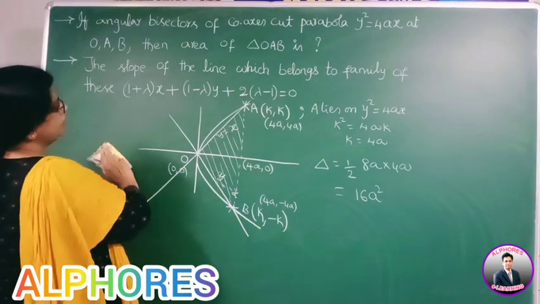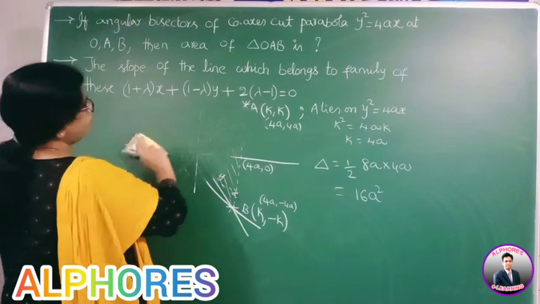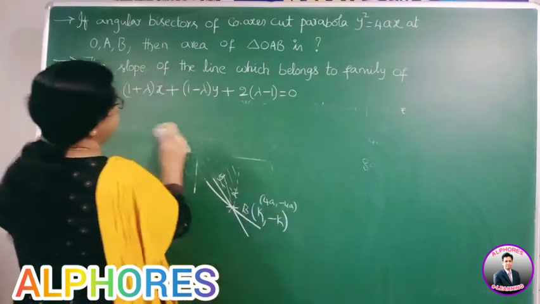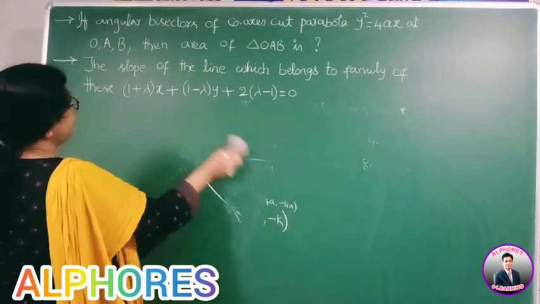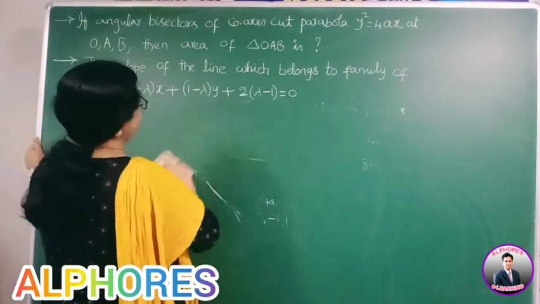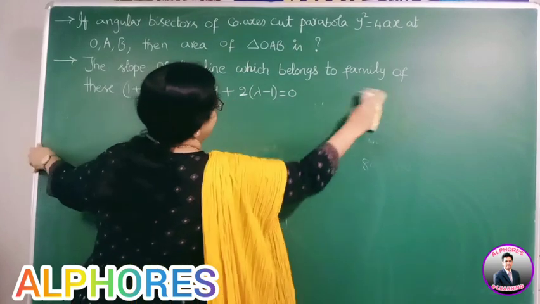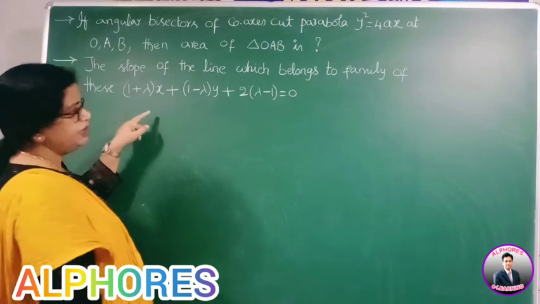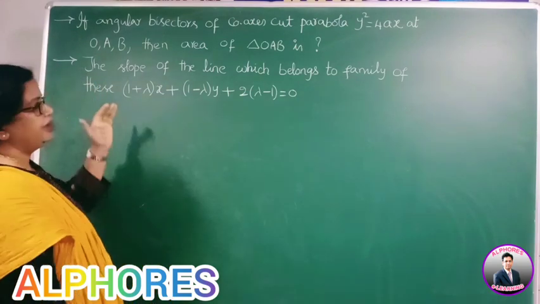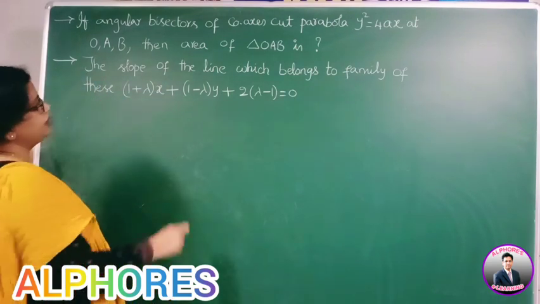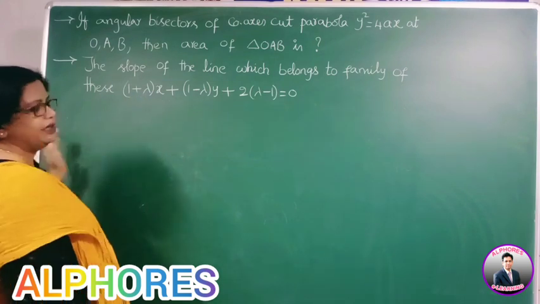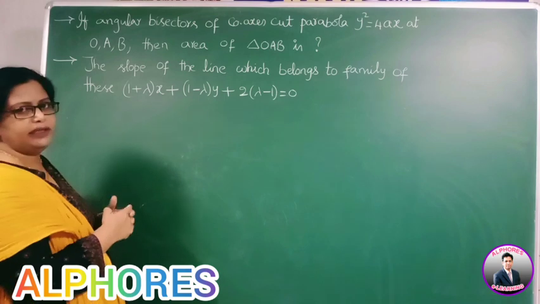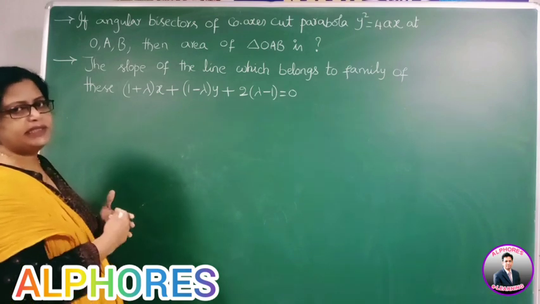Okay, and next another problem, observe students here. The slope of a line which belongs to the family of these lines, and moreover this family of lines, they are asking about the slope. They are telling that this line meets a parabola and should have the shortest intercept.